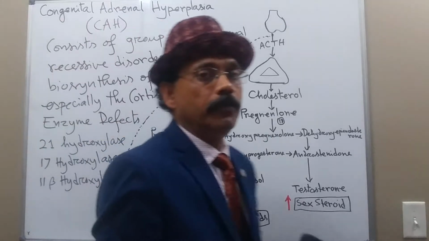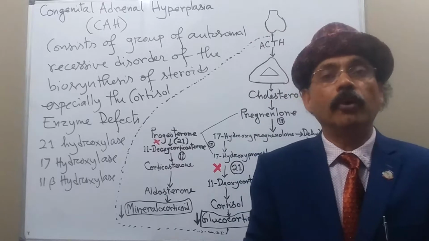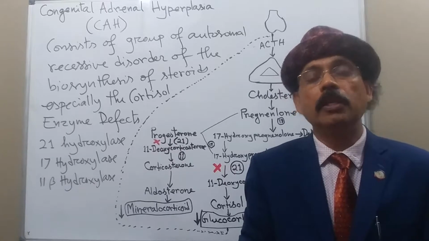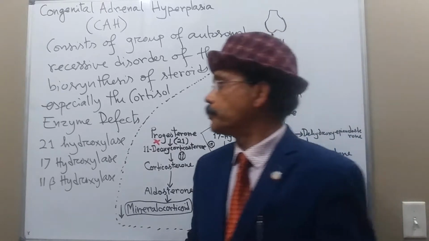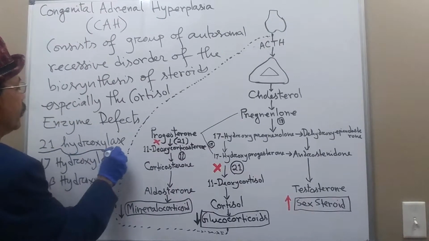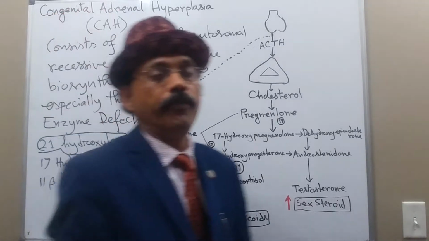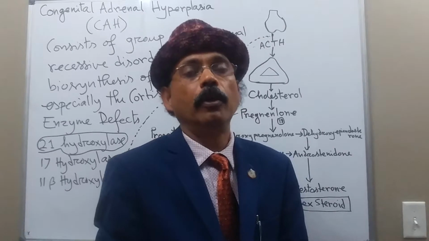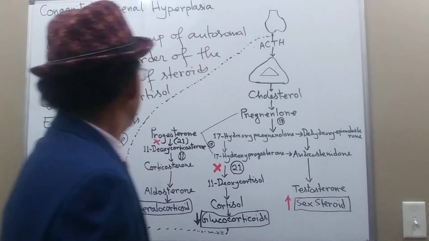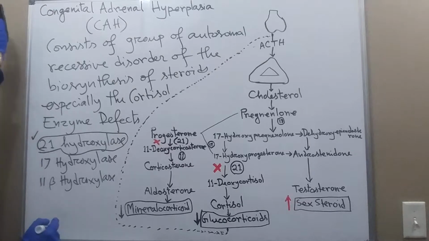So we have deficiency of enzymes, so we have defect in the biosynthesis of the steroid, especially the glucocorticoid, especially the cortisol. The most common is 21 hydroxylase deficiency, and this is around 90 to 95% of cases of congenital adrenal hyperplasia.